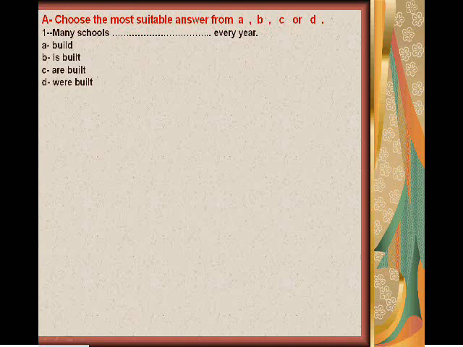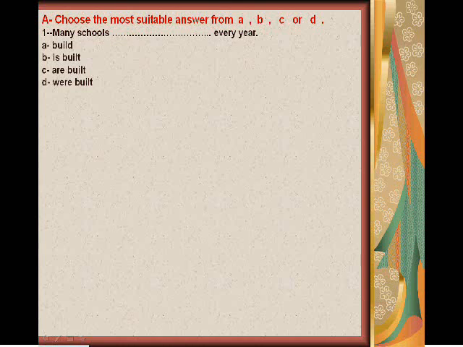D, were built. Again, what type of sentence do we have here? Is it an active sentence? If you say yes, then show me the subject. You can't find the subject because this sentence is not an active one. This is a passive sentence.